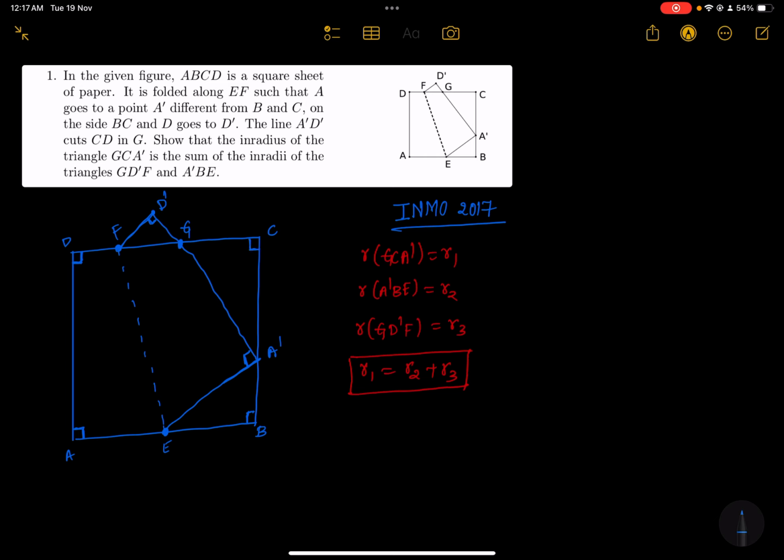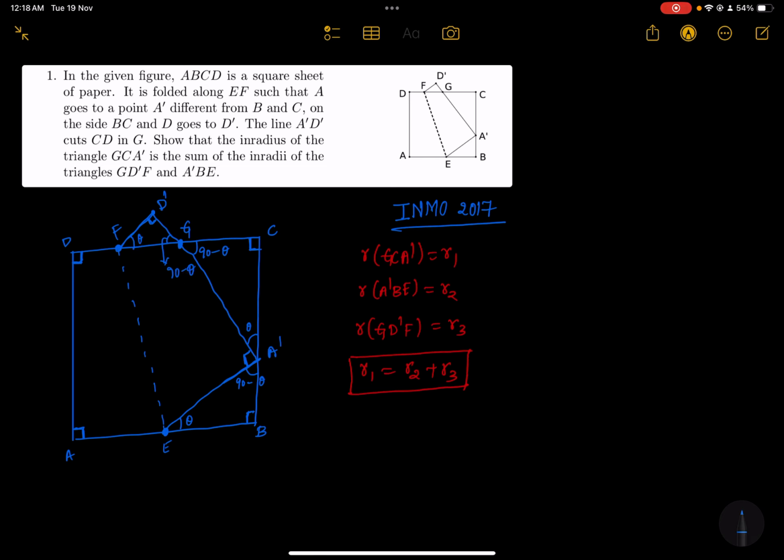For the same reason, this is 90 degrees. Now, let this angle be theta. Then this is 90 minus theta. And this will be theta. This is 90 minus theta. This is also 90 minus theta.